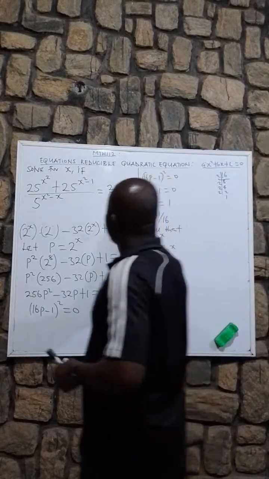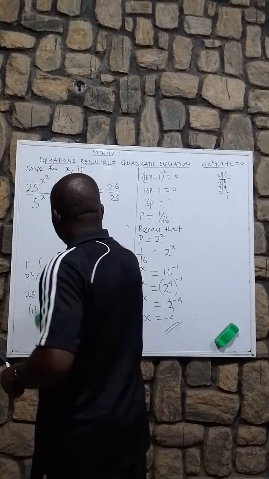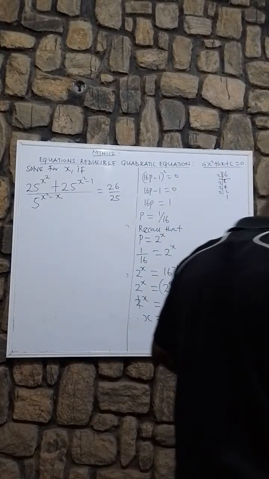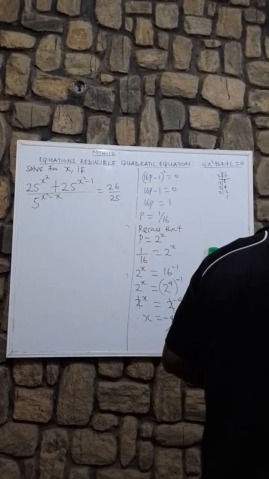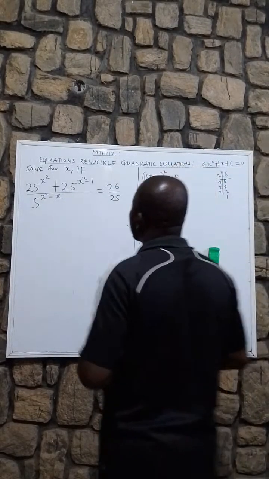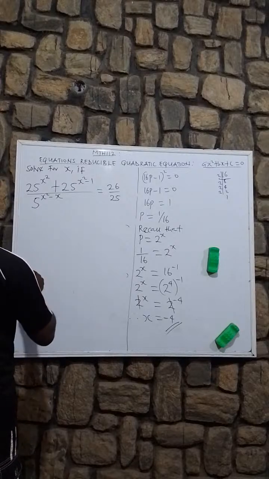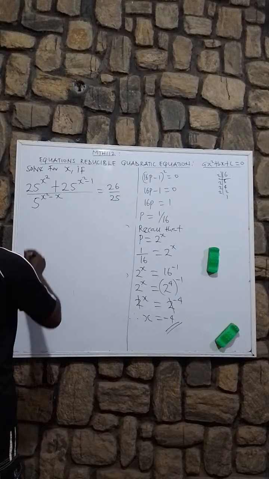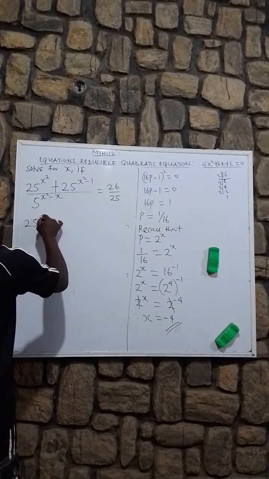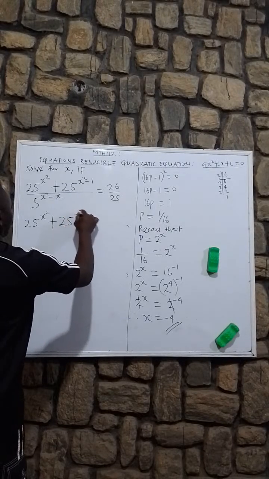Let me just give you a hint from here. Look at the board very well. You can see what I am saying. This is the same thing as 25 raised to the power of x squared plus 25 to the power x squared.